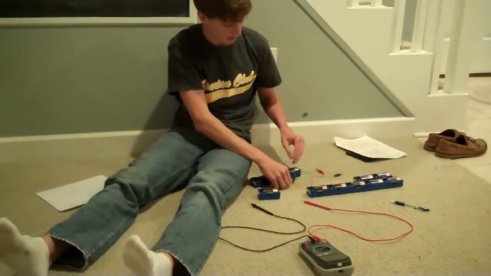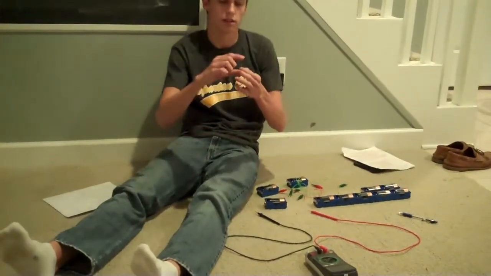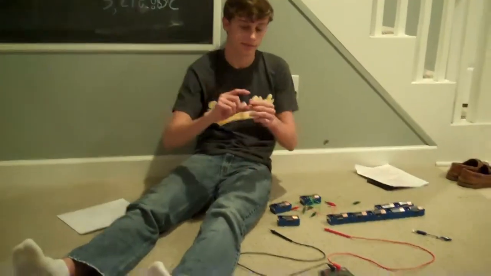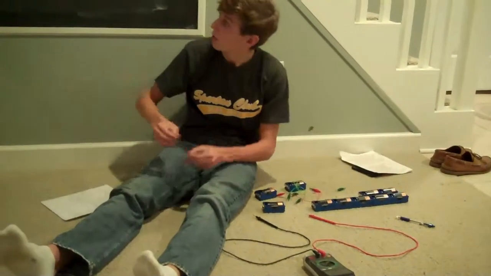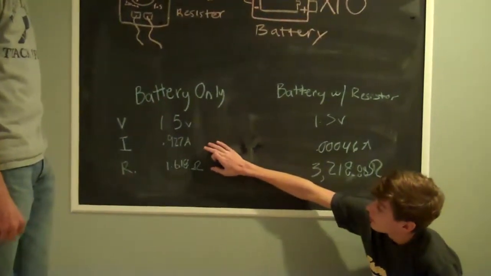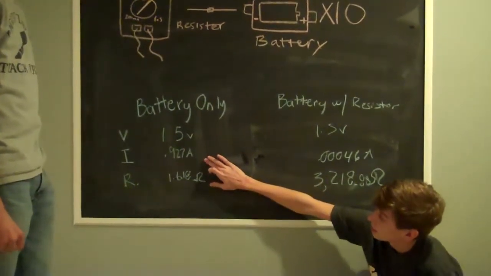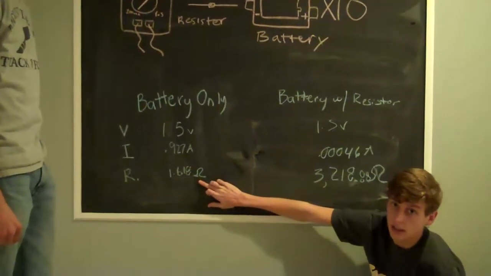Next we had to find the resistance of our resistor, which is right there. To find that, we first found our battery's resistance without it. Battery only is 1.5 volts, and we found our current to be 9.27 and our resistance to be 1.618 ohms.